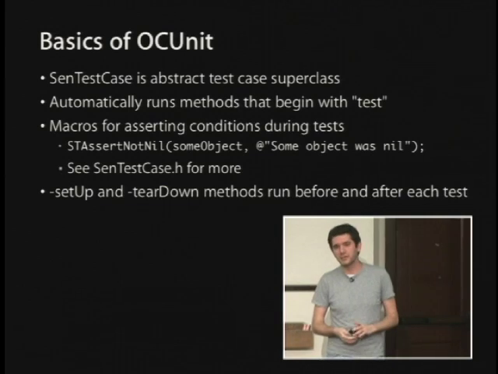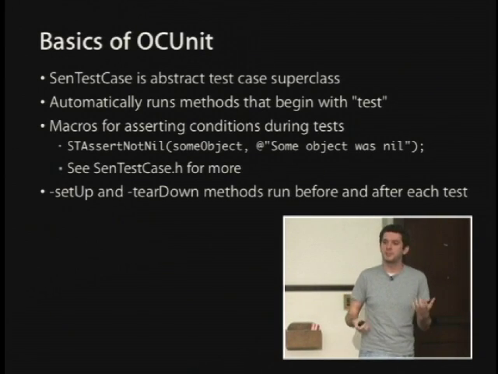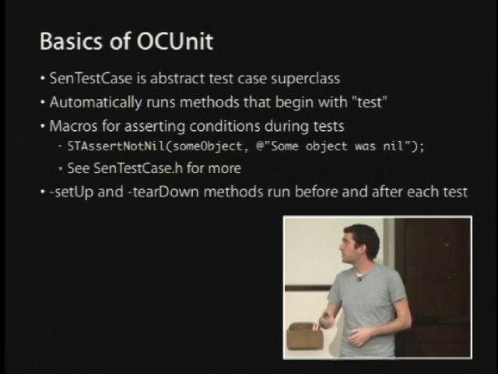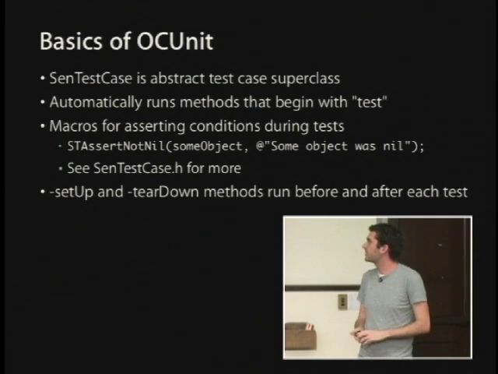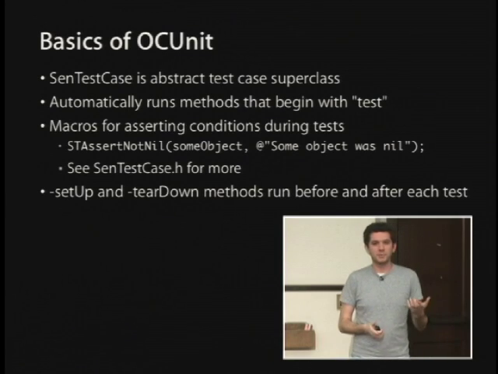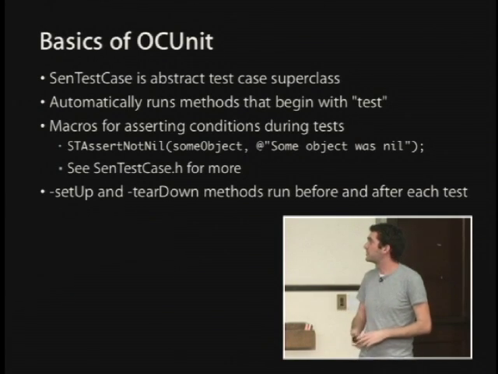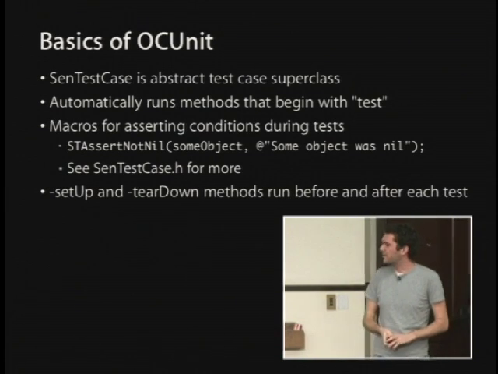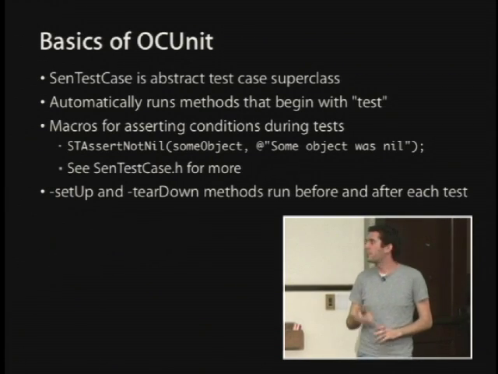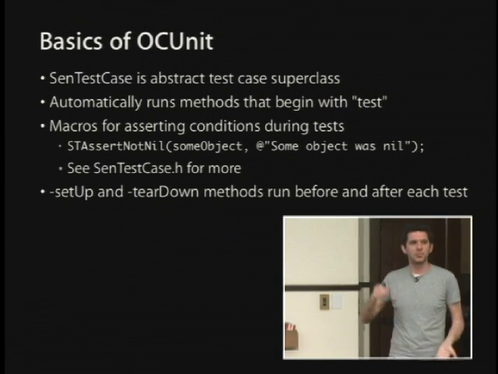It has a bunch of macros that it defines for asserting that particular conditions should be true or false. So you can assert, in this case, that some object is not nil. And your test case will actually generate an error then if for some reason you get to that point and some object is nil, and it'll write out whatever message you said here. In this case, some object was nil. There's a ton of these different assert macros. You can open up SenTestCase.h and see the whole list of them.